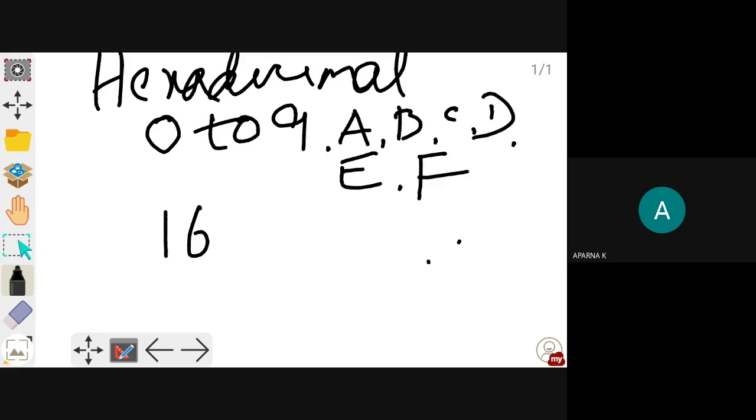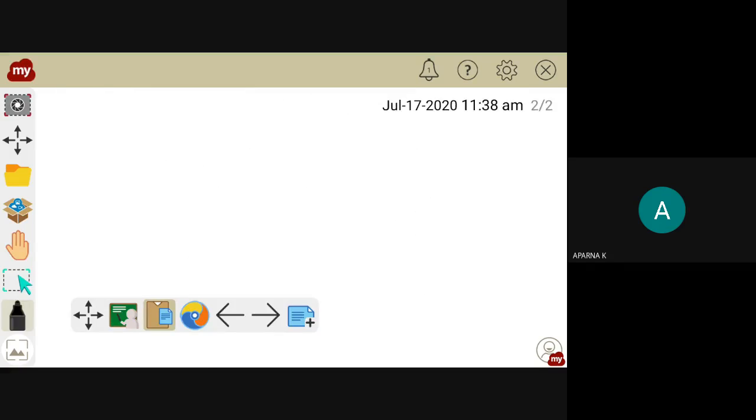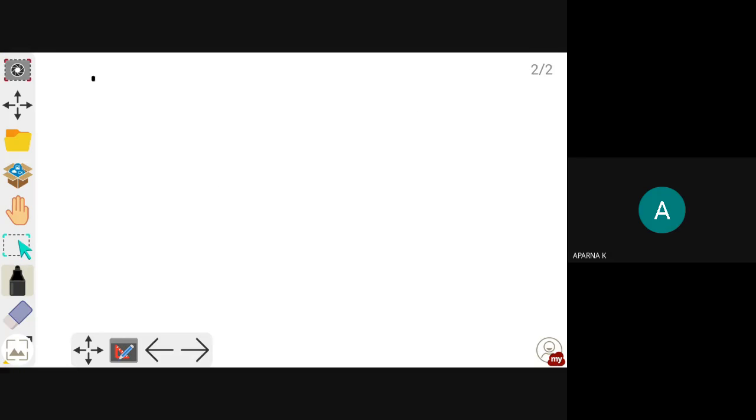First we will see binary to decimal. We will see any number system to the decimal number system. First we are going to see binary to decimal.